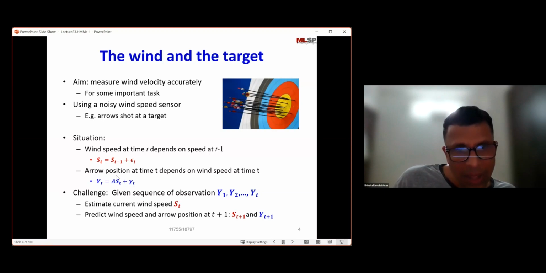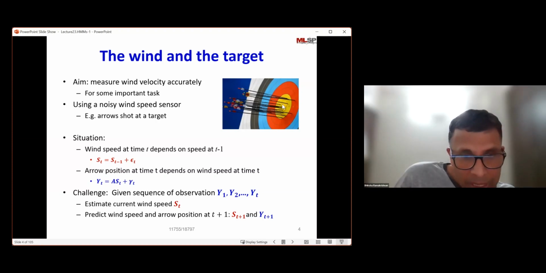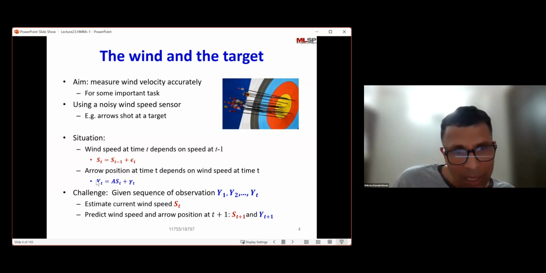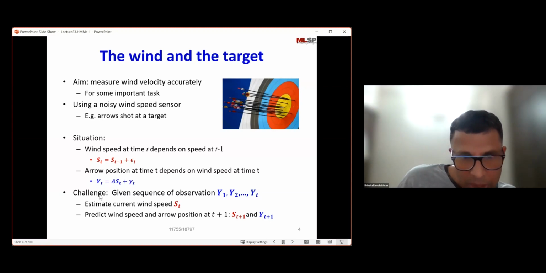Here's what. The arrow position at any time: if everything were perfect, it's going to hit the bullseye. But if you shoot the arrow, you're going to drift a little bit, and how much you drift by depends on the wind velocity, right?